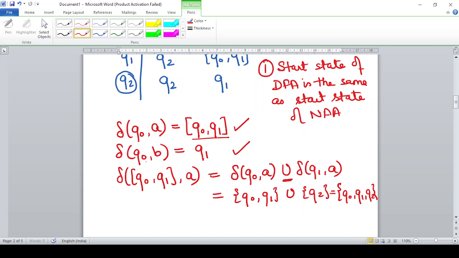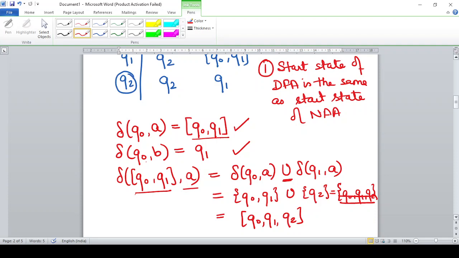Instead, I will put all these three states in a square bracket, to represent that it is a single state. So now you have defined q0 q1 for A.